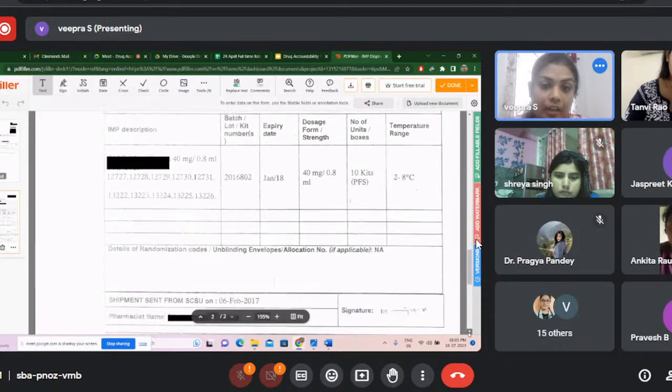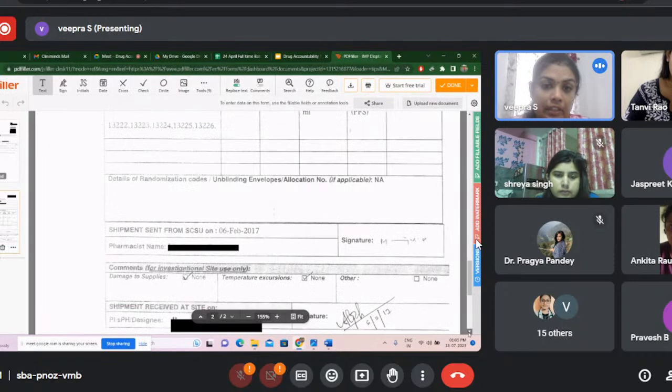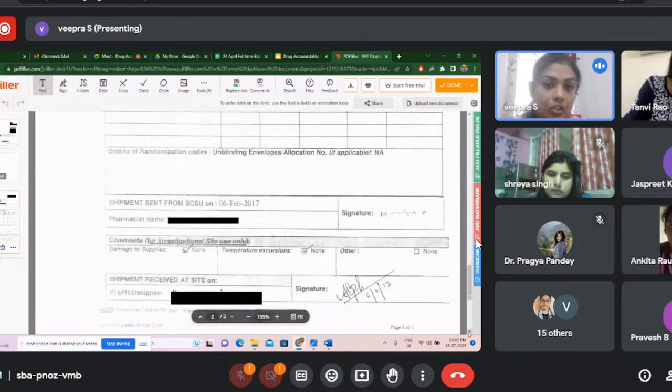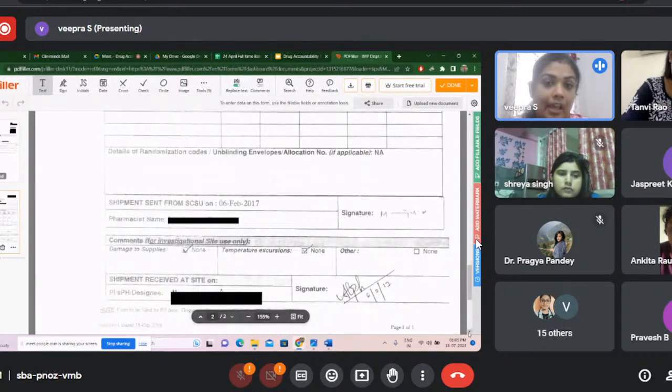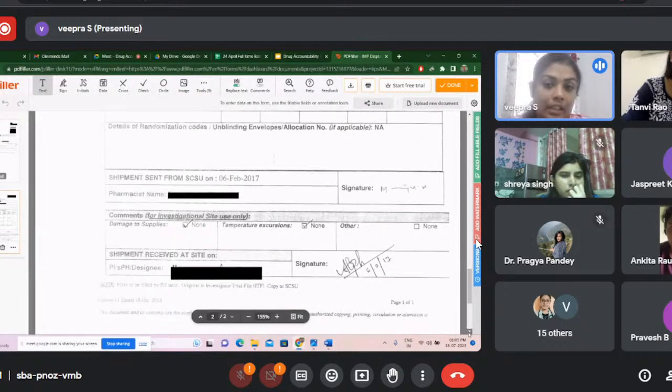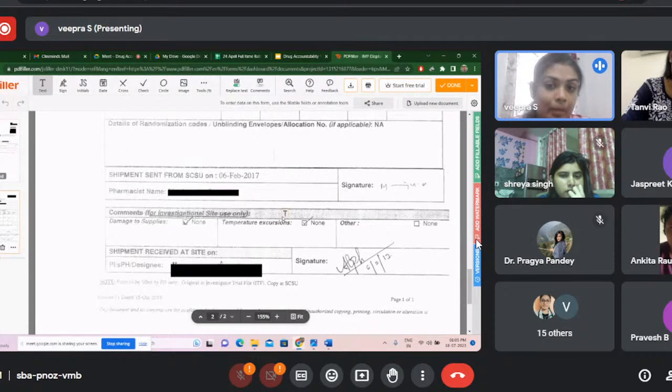Okay. After that, here it is given the date when they send this shipment to the site, the name of the person who sent it, and the signatures. And this information needs to be filled in by the site when they receive this shipment. Here you can see, comment for investigational site use only. Is there any damage to the supplies?